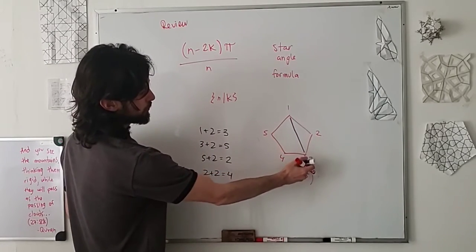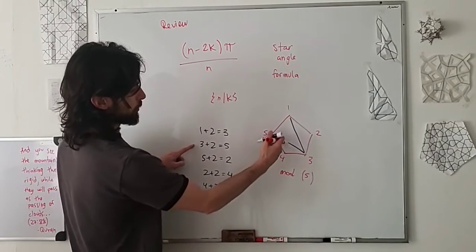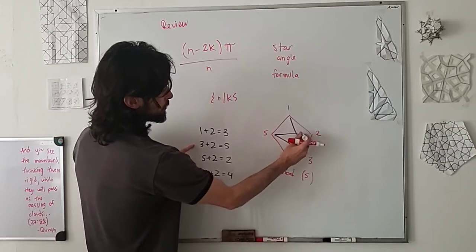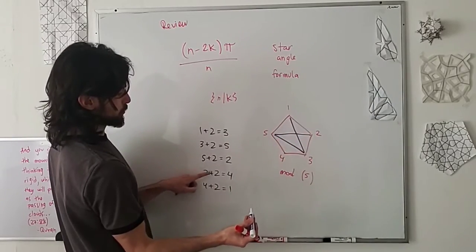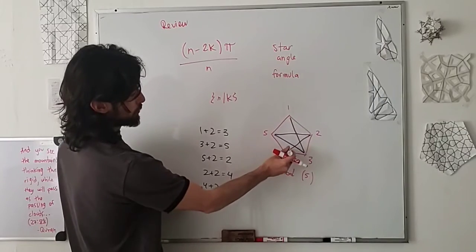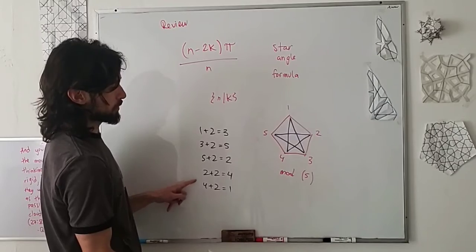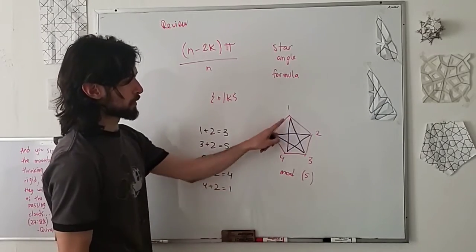From 3, if you add 2, you go to 5. From 5, you add 2, you go to 2. From 2, you add 2, you go to 4. And from 4, you add 2, and you get to 1. So this is how k works within this system.